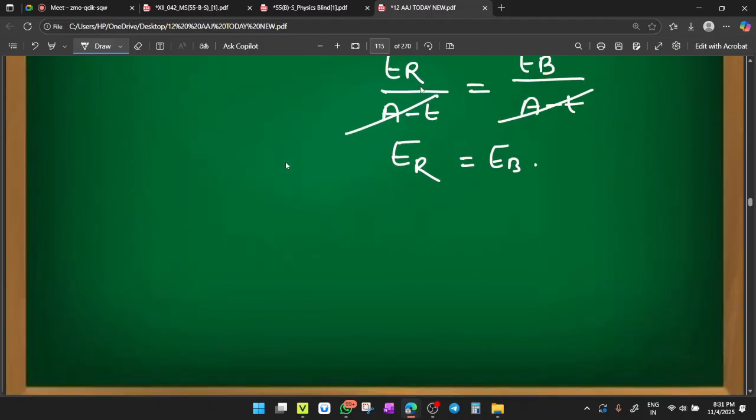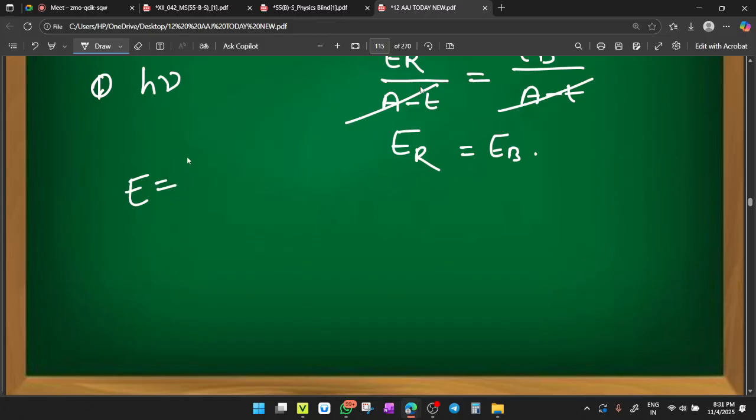Clear or not clear? Now energy E equals h nu, so h nu equals hc by lambda. So E equals hc by lambda. Clear? Now check here: E is inversely proportional to lambda.